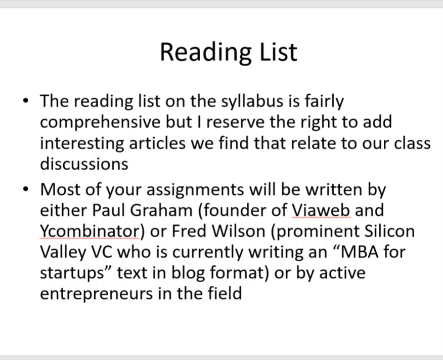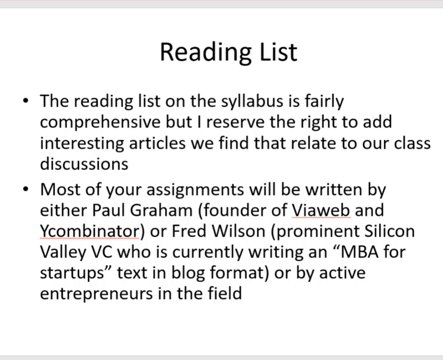Most of the reading assignments come from Paul Graham. He's a founder of ViWeb and Y Combinator, a startup accelerator, originally out of Boston, but now in Boston and San Francisco. So he's an entrepreneur, and then Fred Wilson is a prominent Silicon Valley VC, and really just an all-around nice guy from every indication.